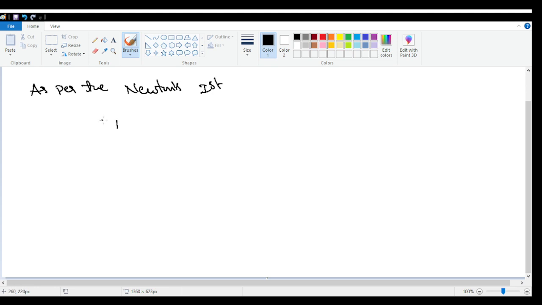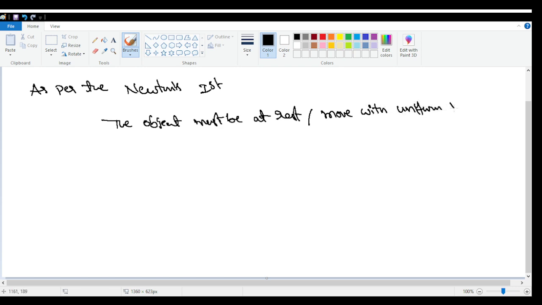The object must be at rest or move with uniform velocity when the resultant force is 0.